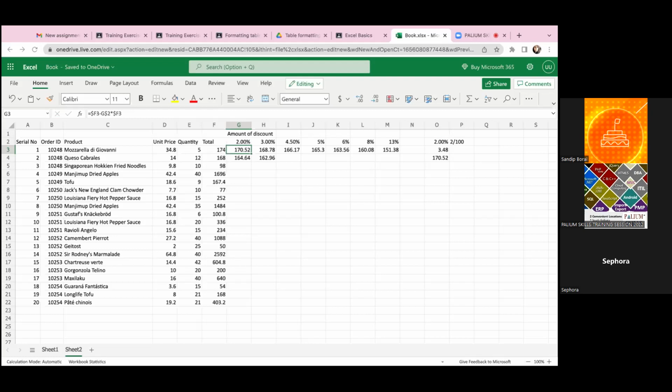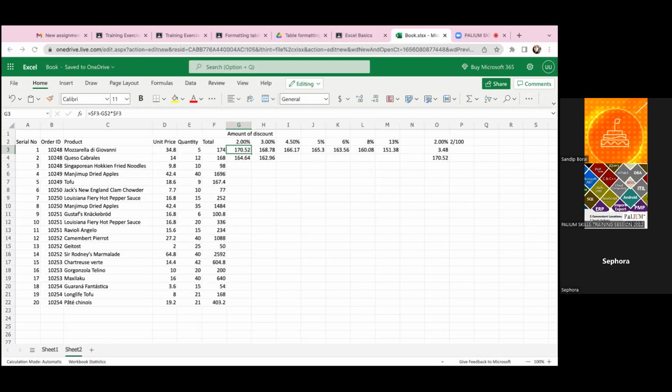Sephora, is that clear to you? Yes, I just want to know in a layman's way that the $ before the cell reference is to fix that cell, and the $ are used to.